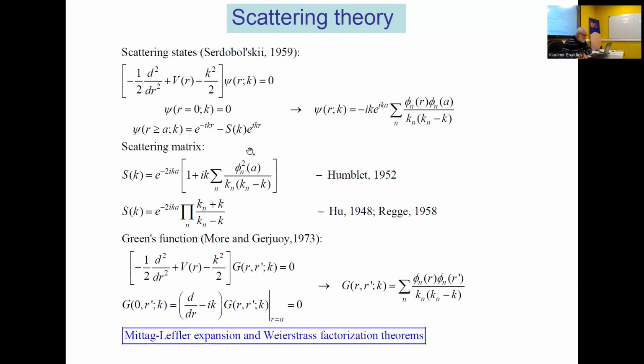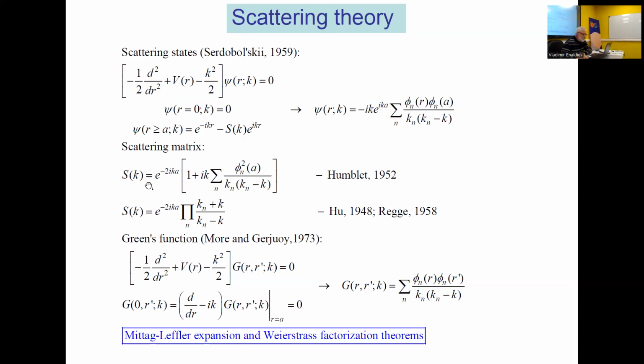Now, scattering matrix. There are 2 kinds of results, expressions obtained for the scattering matrix. The first one was obtained by Humboldt in 1952. It was his PhD thesis. He is from Belgium, as far as I remember.